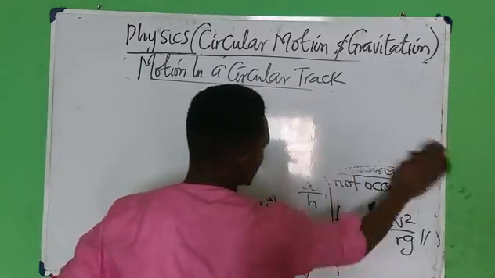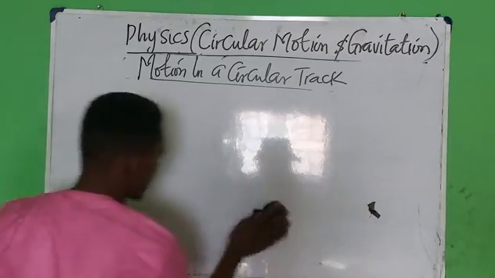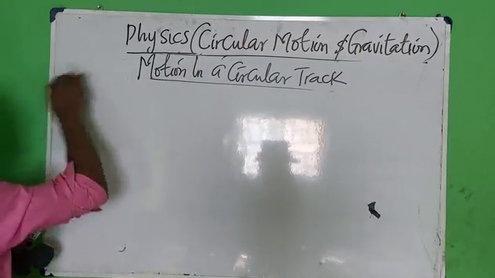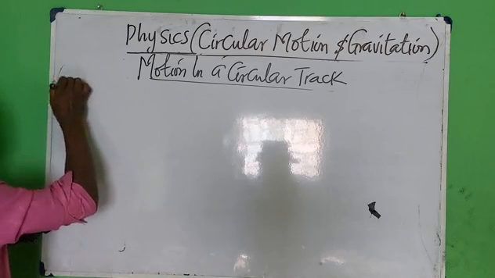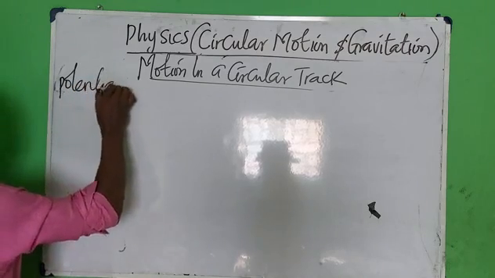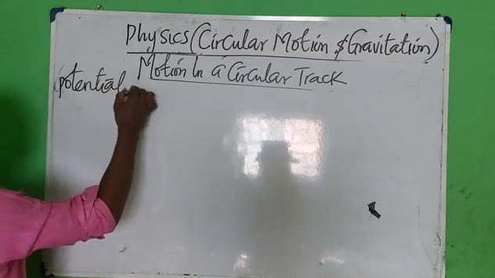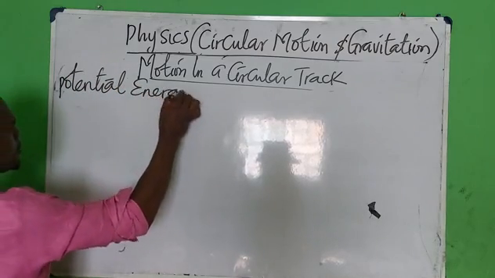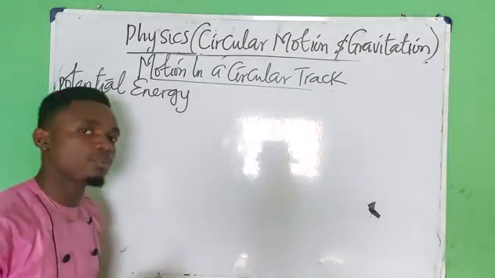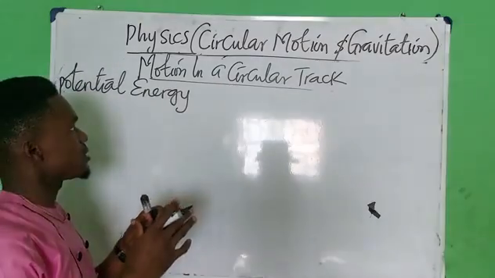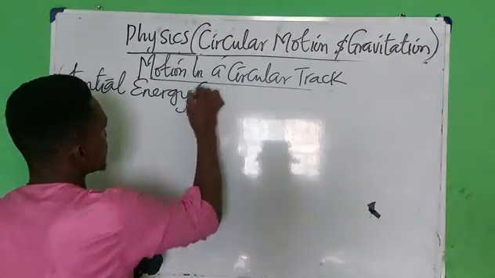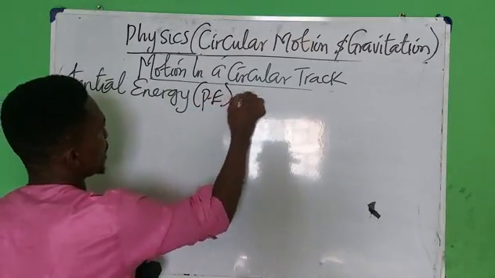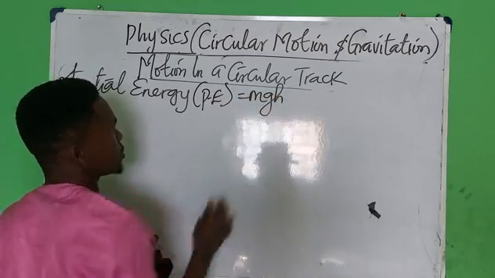Before I go into that, let me give us something. We all know that potential energy is the energy possessed by a static body, or the energy possessed by a body at rest, and it's given as mgh.